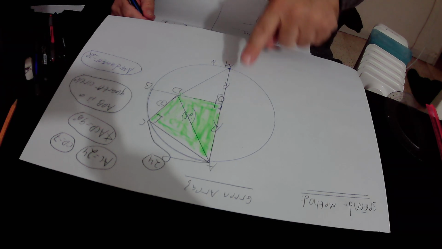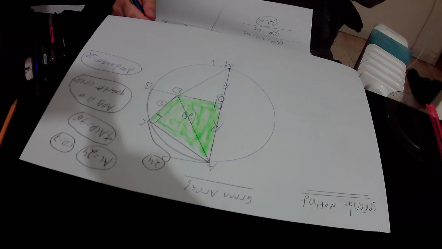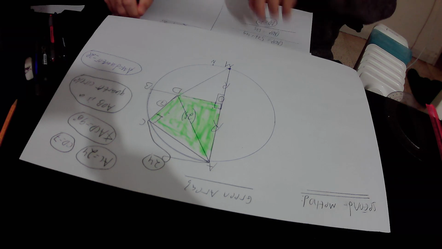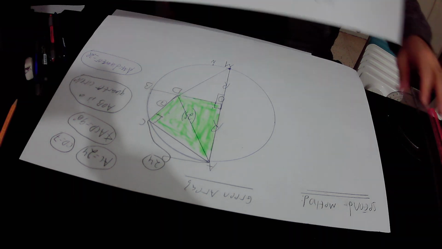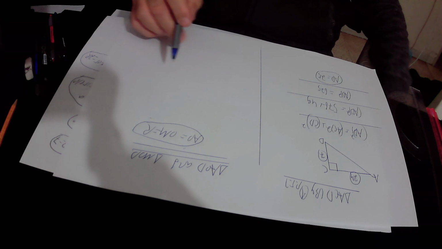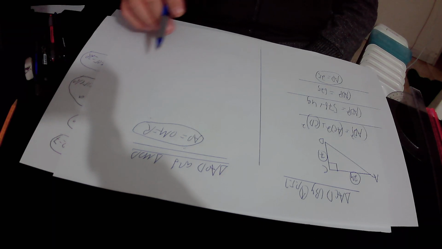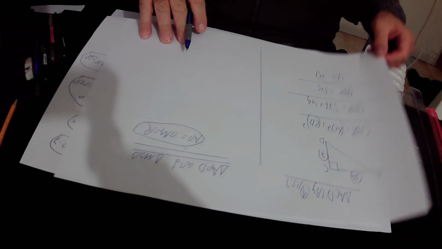First of all, AO in the green triangle must be equal to side OM in the right triangle. AO equals OM. They are both the radii of the circle, therefore they are equal to each other.